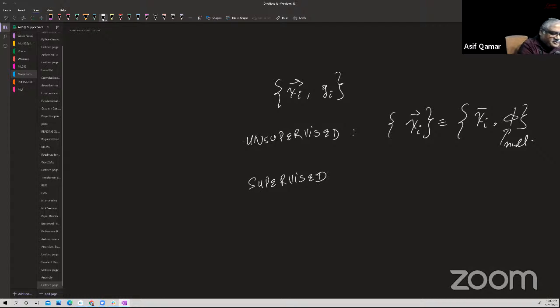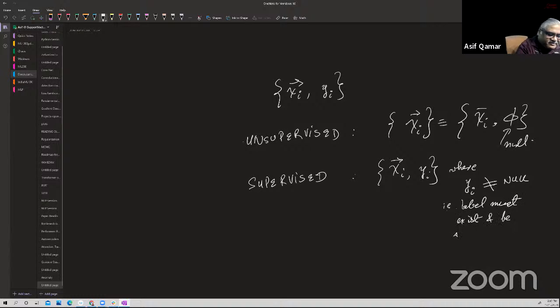You truly have Xi, Yi, where explicitly Yi is not equal to null. Are we together? And very explicitly, this is a must, i.e., the label must exist and be specified in the training data.